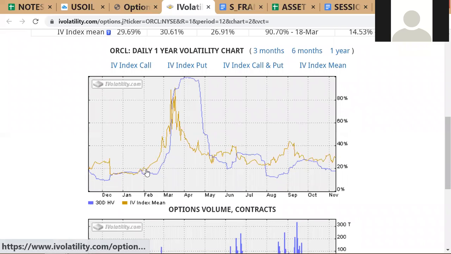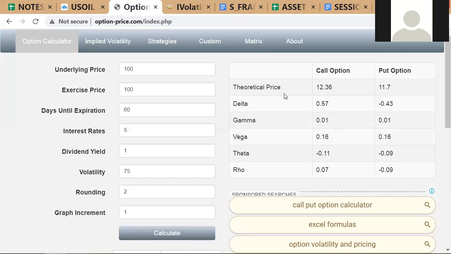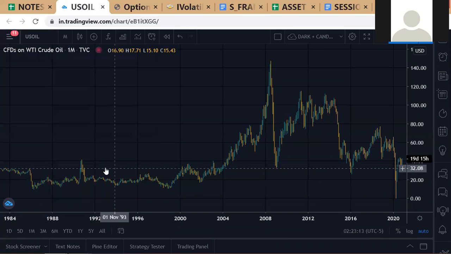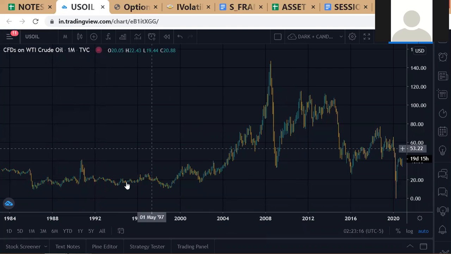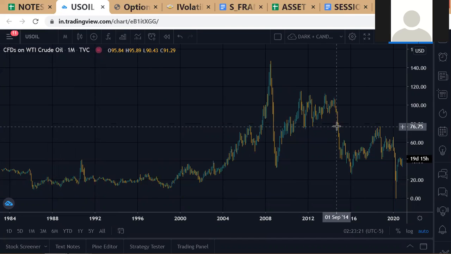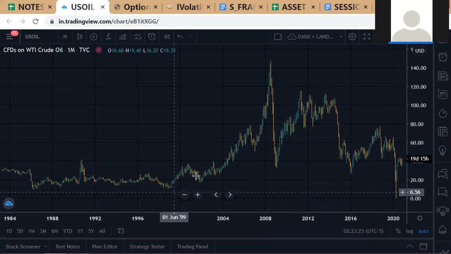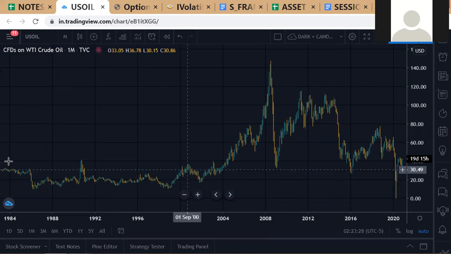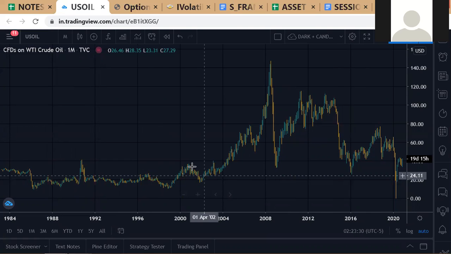I thought you were asking about this, but you're right about both in the sense that if you have a short option position, then you're short gamma and you're short Vega. So what you want is two things. Because of your short gamma, you want the underlying asset to behave like this and not like this. That's one.